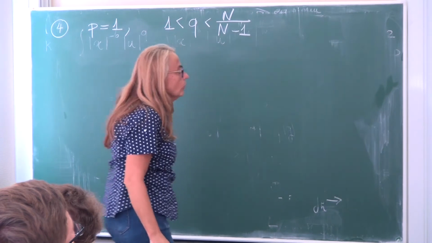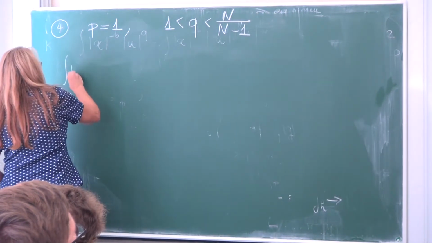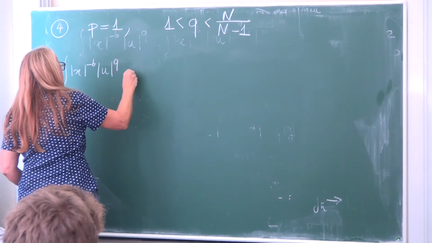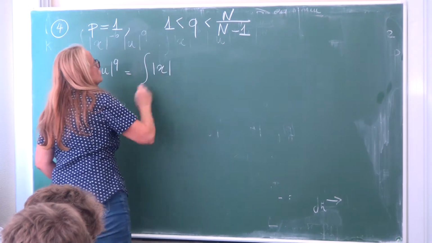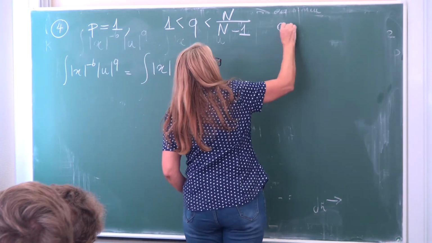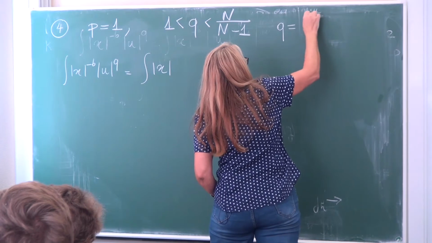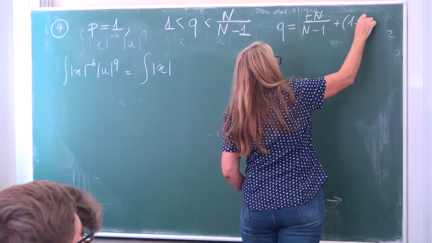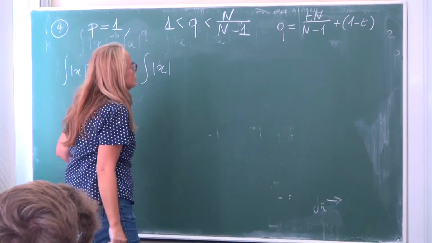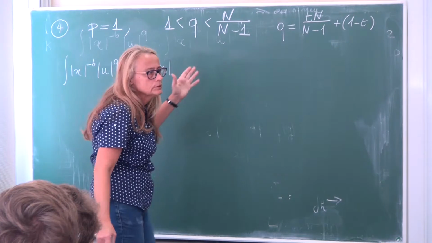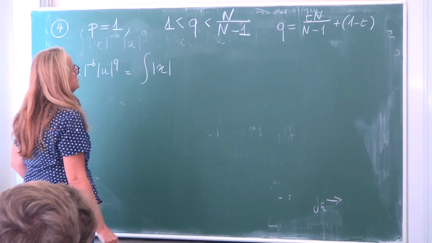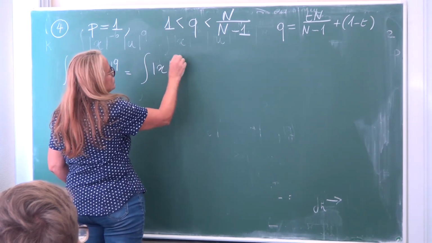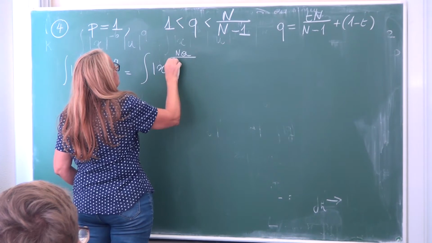So you only need to interpolate. You write this as t n over n minus 1 plus 1 minus t, which is a convex combination between this exponent and this exponent. Okay? And so you simply write, everything goes well.